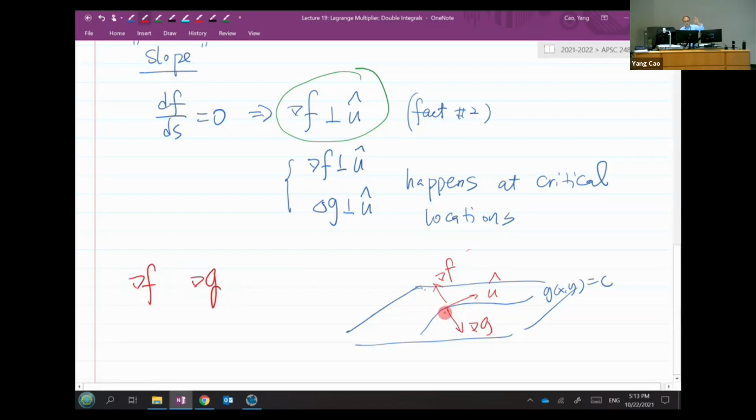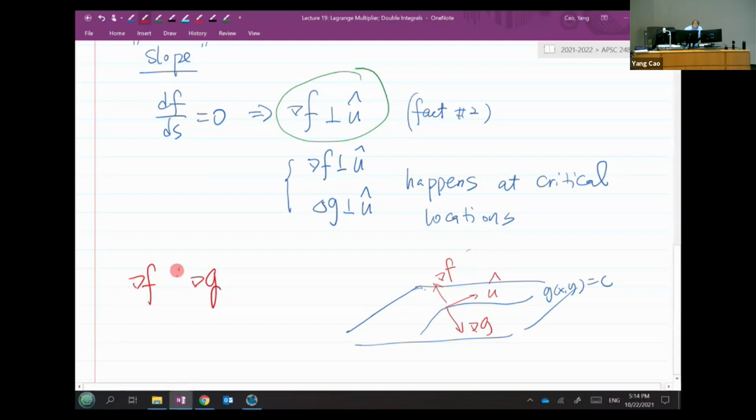So you're thinking cross product between del G and u hat, or del F and u hat? Okay, that's one way to think about it, but just observe it. They're parallel, exactly, right? So you can maybe use 3 panes to illustrate. When 2 vectors are perpendicular to the 3rd vector, the other 2 vectors must be parallel to each other, as long as they're in the same plane.